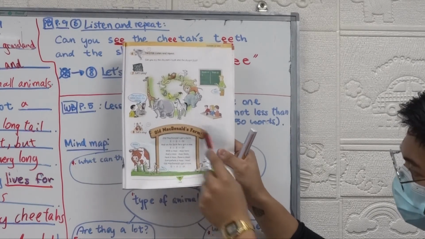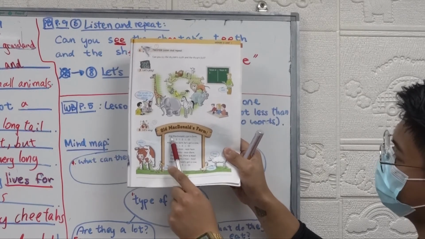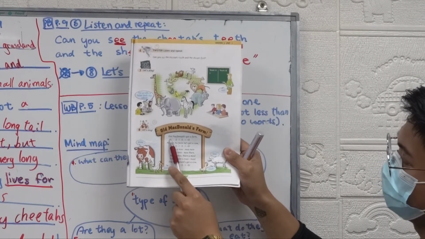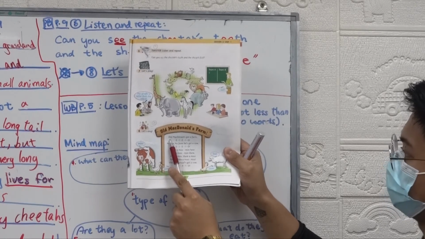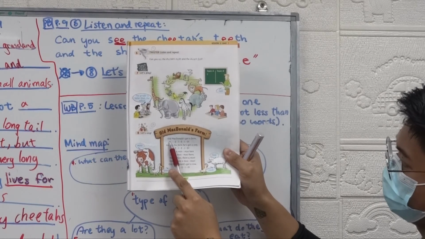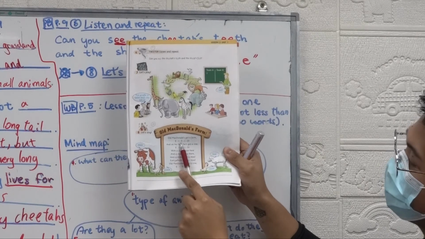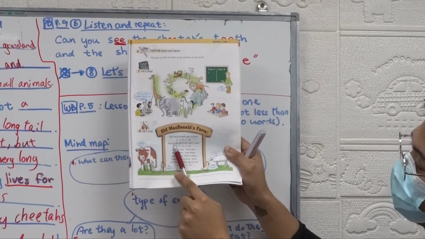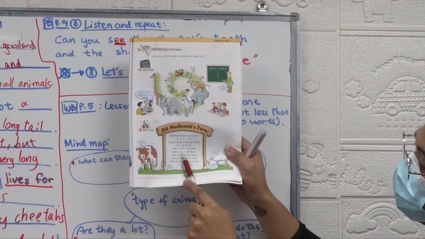Page 9. Let's sing. Old MacDonald's got a farm, E-I-E-I-O. And on his farm he's got a cow, E-I-E-I-O. With a moo-moo here and a moo-moo there.